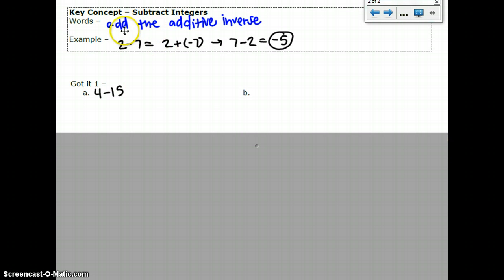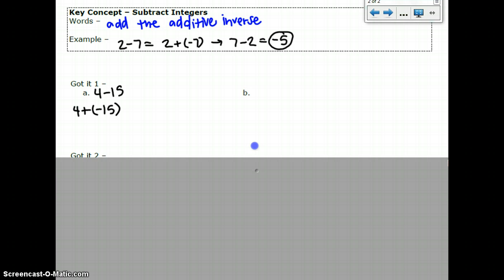Okay, to subtract integers, we add the additive inverse, 4 plus a negative 15. So we do 15 minus 4, which we know is 11. Take the sign of the larger number, negative 11.